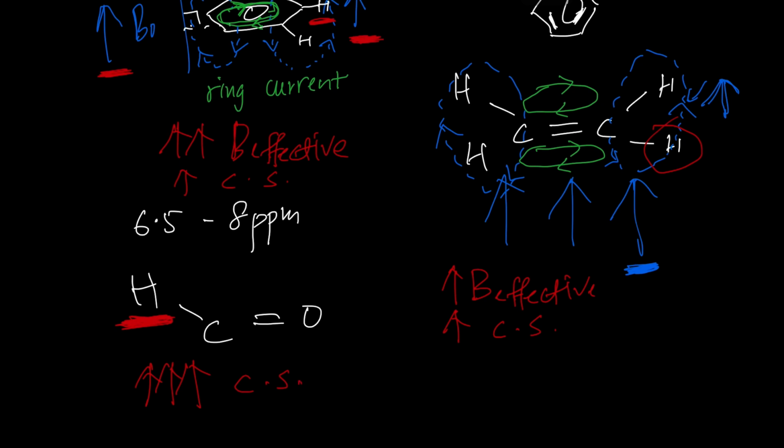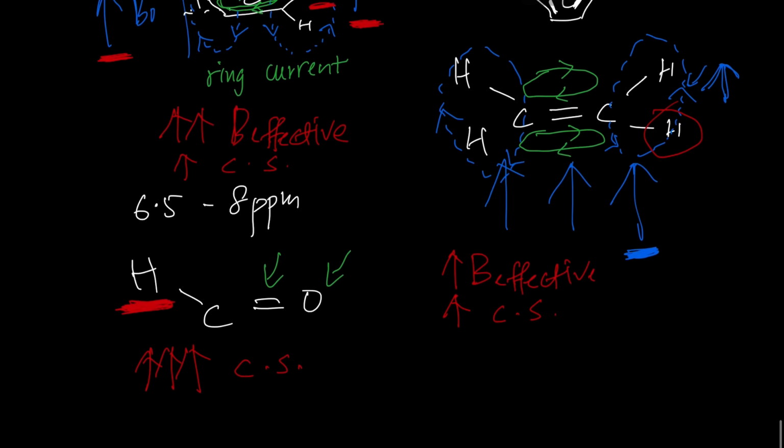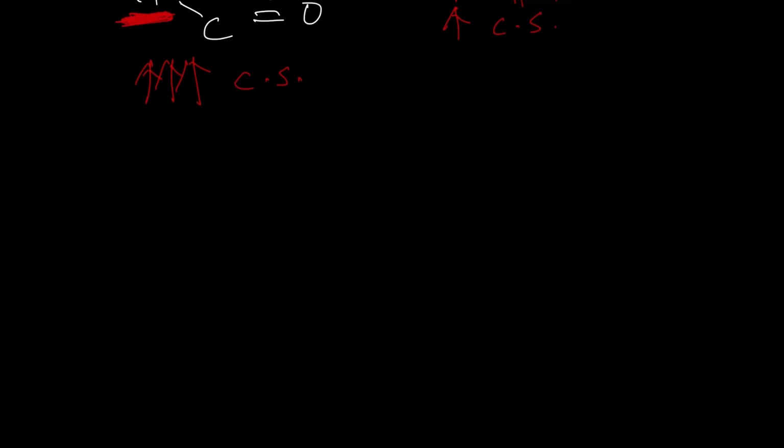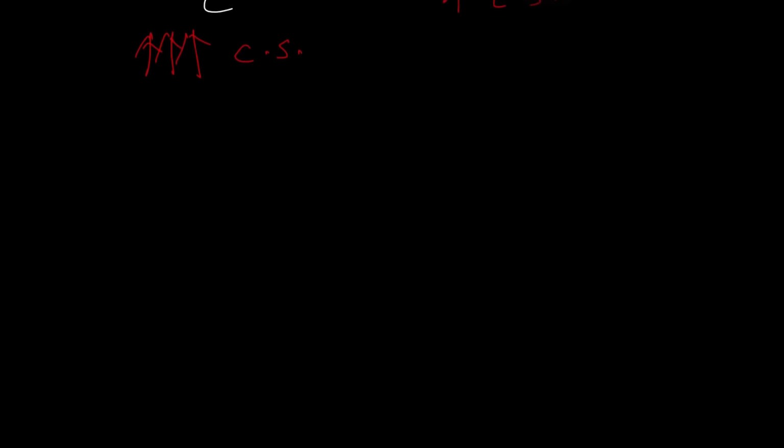You have a double de-shielding effect: one is from the double bond, another one is from the electronegative oxygen. So the aldehyde proton has a very high chemical shift value. Now we are done with the chemical shift. By looking at the value of the chemical shift, whether it's a small number or a big number, it is very helpful for us to know the structure of the compound.